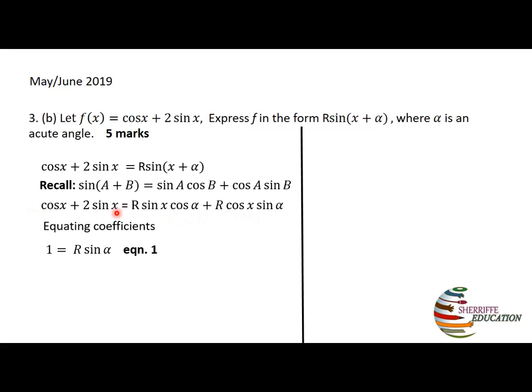If we look at sine of x, on the left hand side the coefficient is 2. On the right hand side, the coefficient of sin x is r cos alpha. Now, something I should have pointed out earlier is that we're really trying to find r and alpha. I know there's a formula for finding alpha and r.